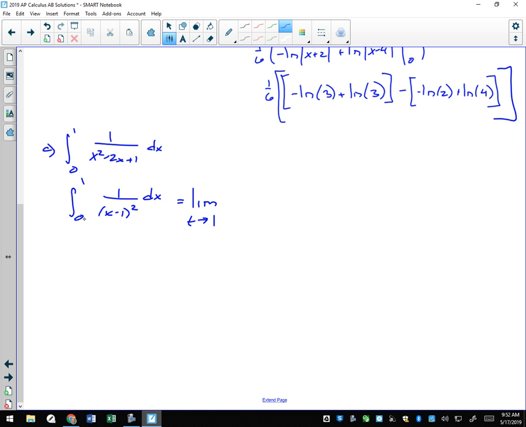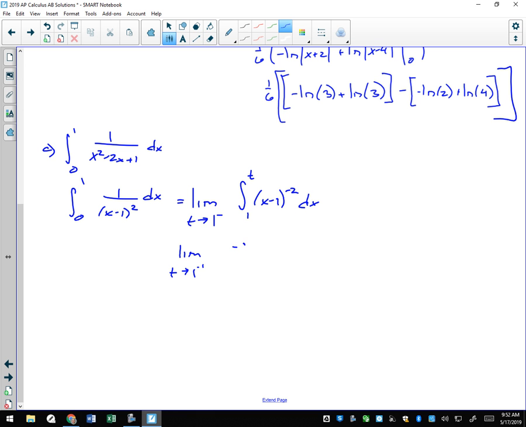And if I'm going from 0 to 1, I'm on the left side of 1, so the integral from 0 to t of, and I'm going to bring that up, (x minus 1) to the negative 2, because when I do the antiderivative of that, it's going to be a power rule, so it'll be (x minus 1) to the negative 1 over negative 1.